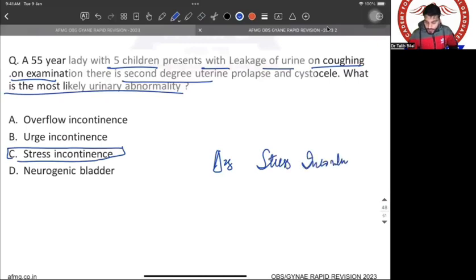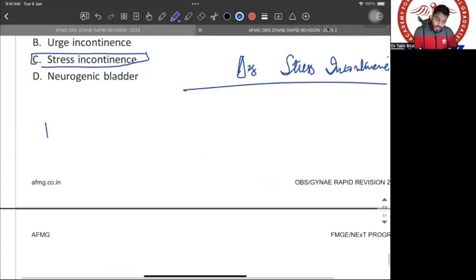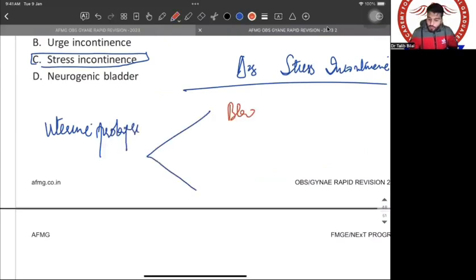Stress incontinence. What happens, guys, when the patient is having the uterine prolapse? जब patient को क्या होता है, my dear students? Uterine prolapse. So this uterine prolapse will involve two things also. It will involve bladder, my dear students. It will involve the rectum, yes or no? If it involves the bladder, it will give the symptoms of cystocele.